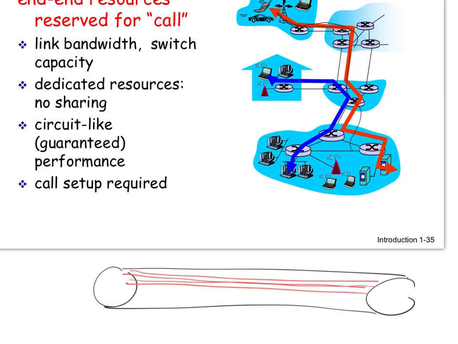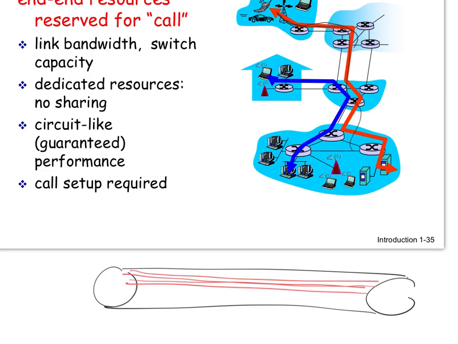We will see what kind of communication paradigms support this, basically FDM and TDM. I can divide this channel either in the time domain or the frequency domain into fixed logical pipes. So your transmission goes through a fixed pipe.